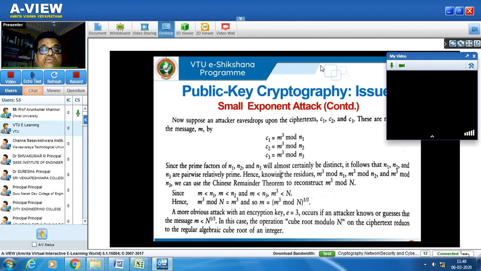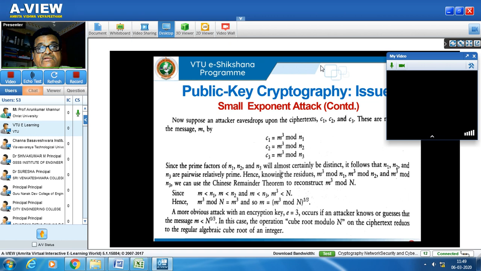A more obvious attack with an encryption key E equal to 3 occurs if an attacker knows or guesses that the message M is less than N raised to 1 by 3. In this case, the operation cube root modulo N on the ciphertext reduces to the regular algebraic cube root of an integer.